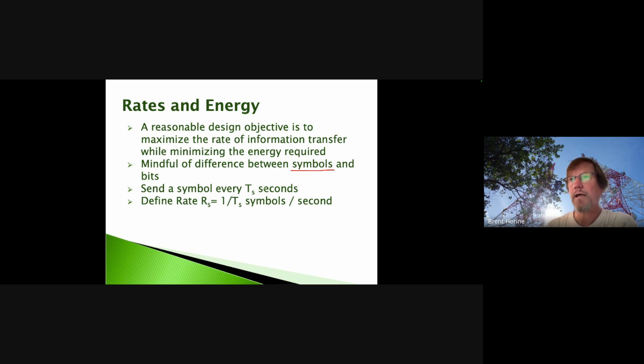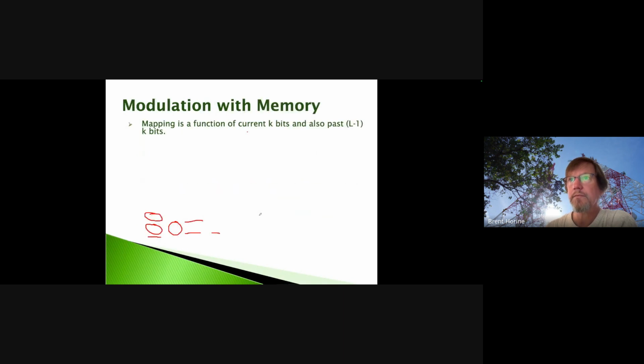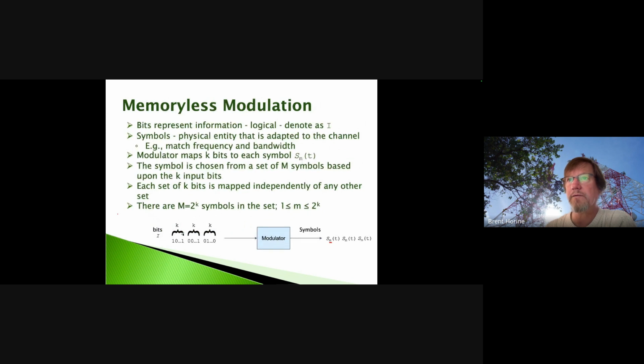The period would give us units of seconds, or to be complete, seconds per symbol. Rate would give us symbols per second. Since K bits produce one symbol, let's go back to here, K bits produce one symbol. Okay?